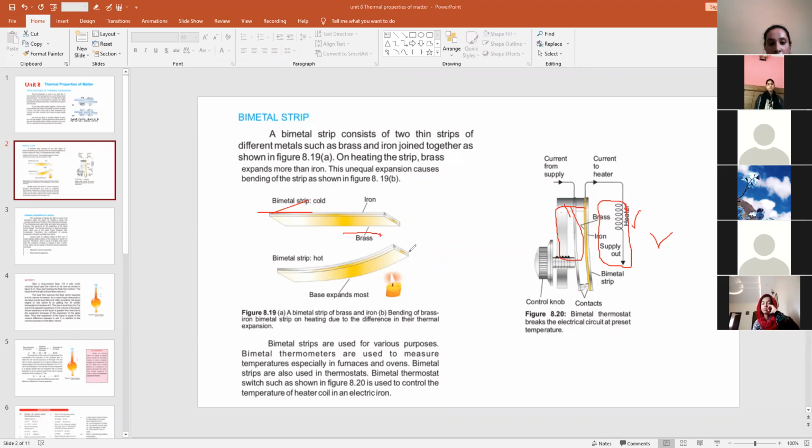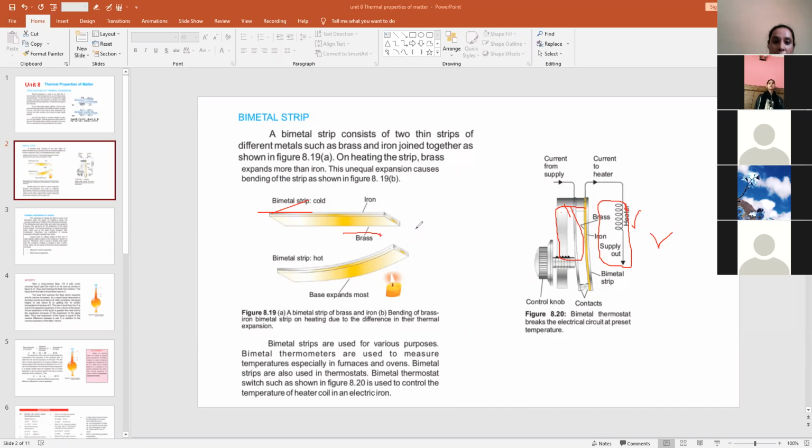These bimetal strips are used in our daily life in different applications. Bimetal thermometers are especially used in furnaces and ovens in which we set the temperature and achieve the required temperature. These thermometers automatically switch off.